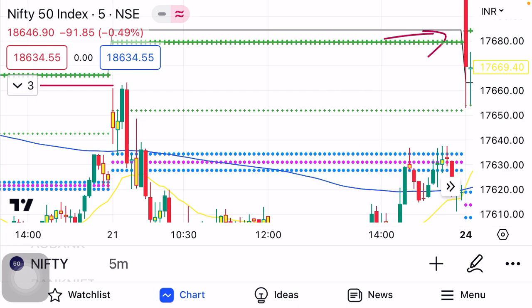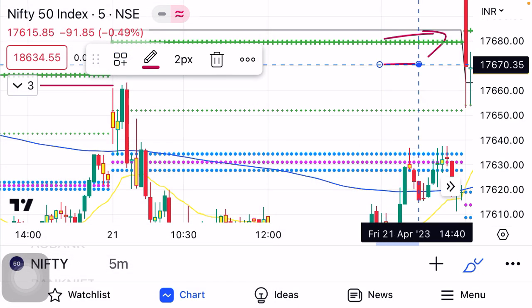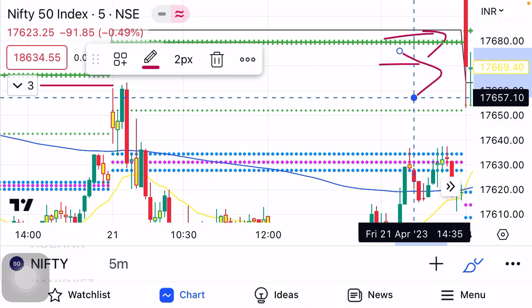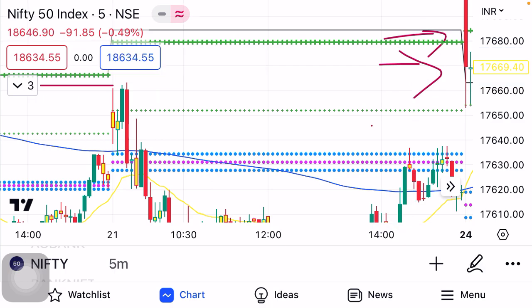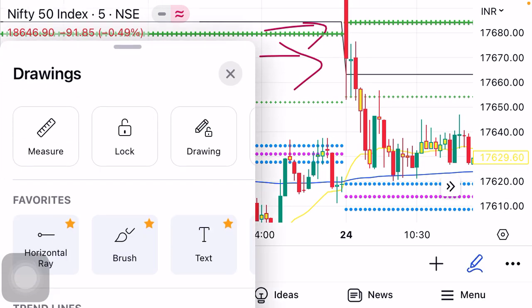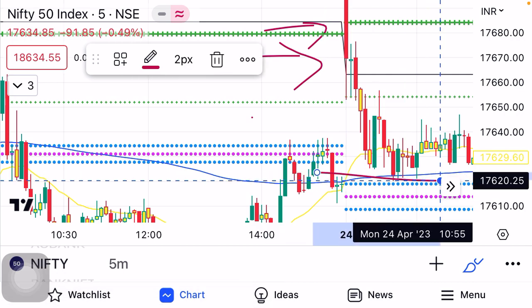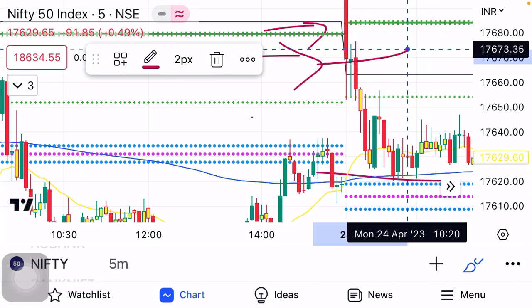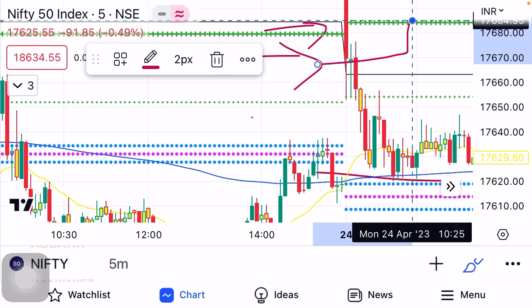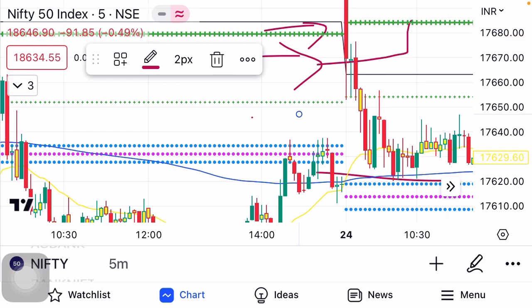The first 5 minutes candle, since it is a downtrend CPR, there is a chance you can take a put position from that point, and it is a clear reach to CPR. See, if you take a put position here at this point, that is 670, right? Your stop loss will be of 15 points.